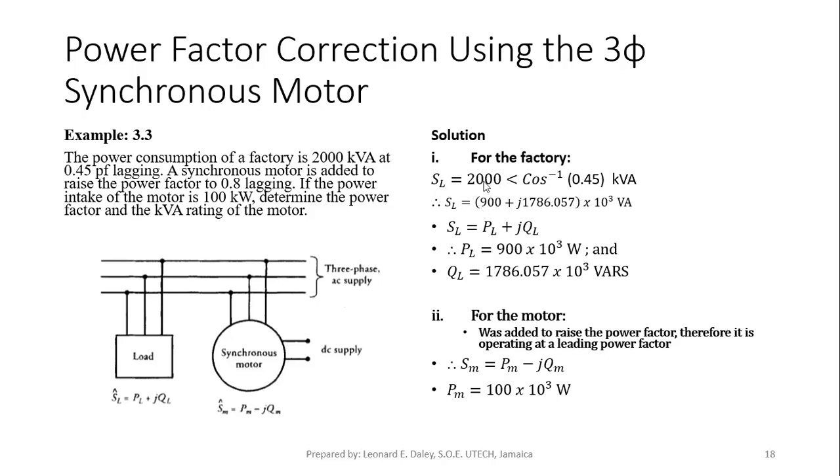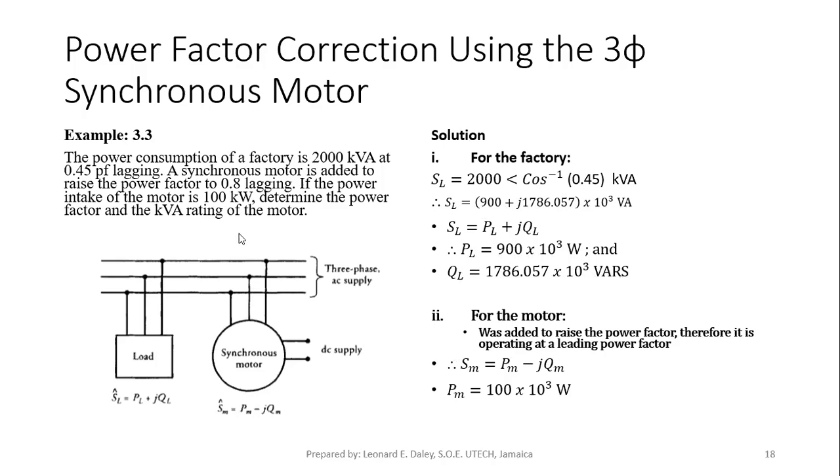So at 0.45 power factor lagging, we can work out what the angle is: cos inverse of 0.45. When we work out the angle, I just do the calculation one time, we get SL to be 900 plus j1786 kVA. So for the factory, the PL is equal to 900 kilowatts and the QL is 1786 kilovars.